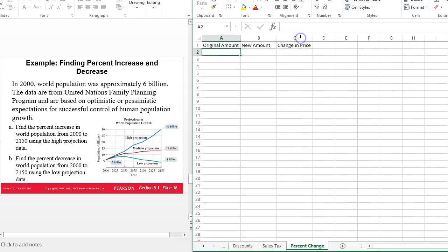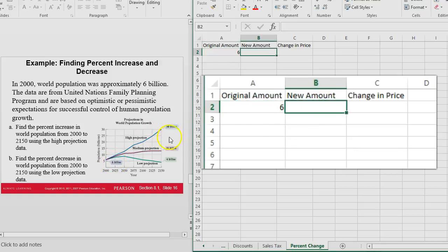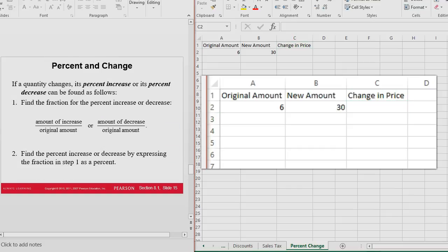Alright, so I'm going to double click that to get it to expand. So again, original amount was 6 billion, I'll just write 6. The new amount, 30 billion, is the more recent amount. That's what I mean by the new amount. Now the change in price. For this formula, all we want to do is find a positive number on the top.